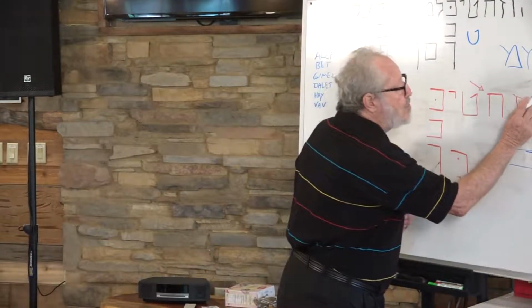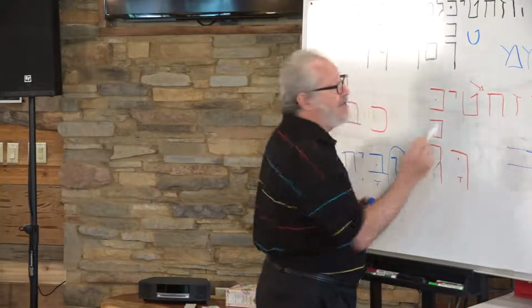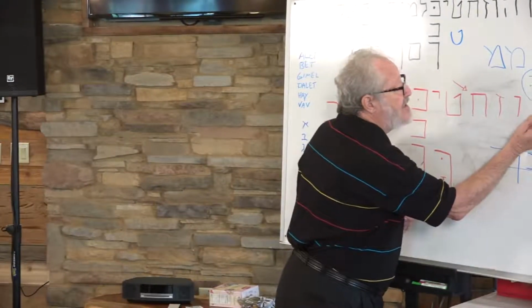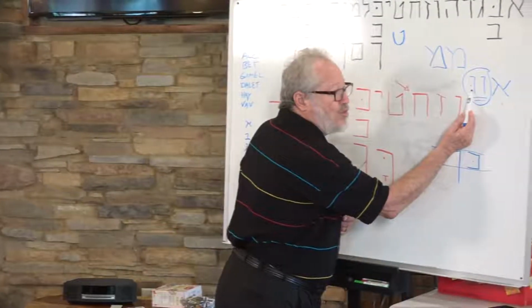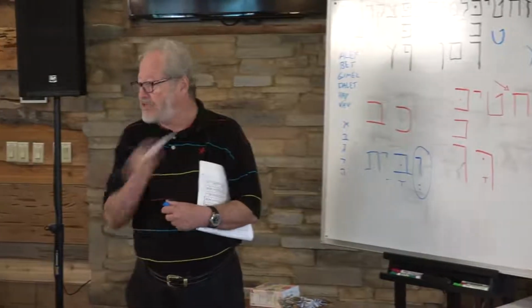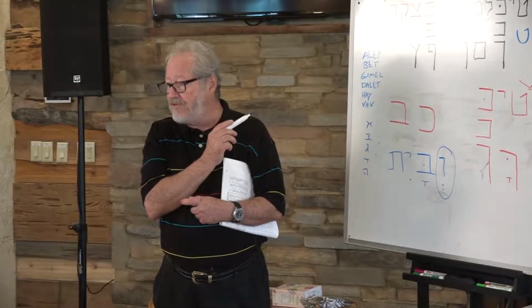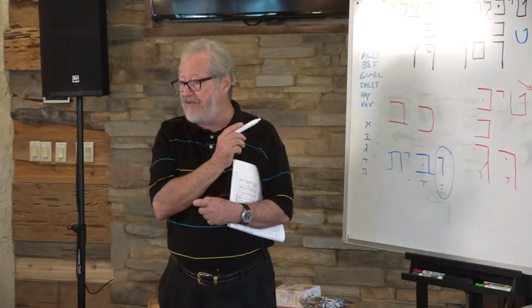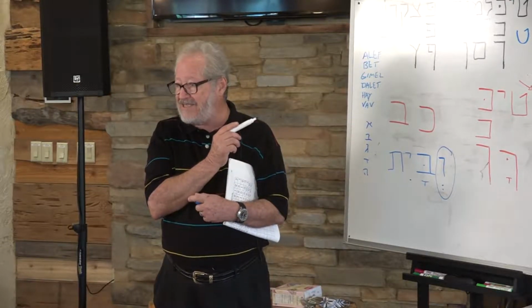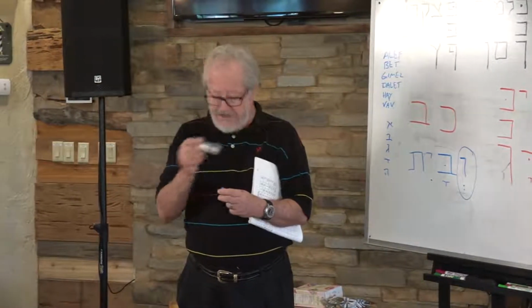This U belongs to this vav. This is a letter vav. This is the vowel U. It's no longer a vav. We took it away from being a vav. We gave it a dot. That dot inside makes it the U sound.